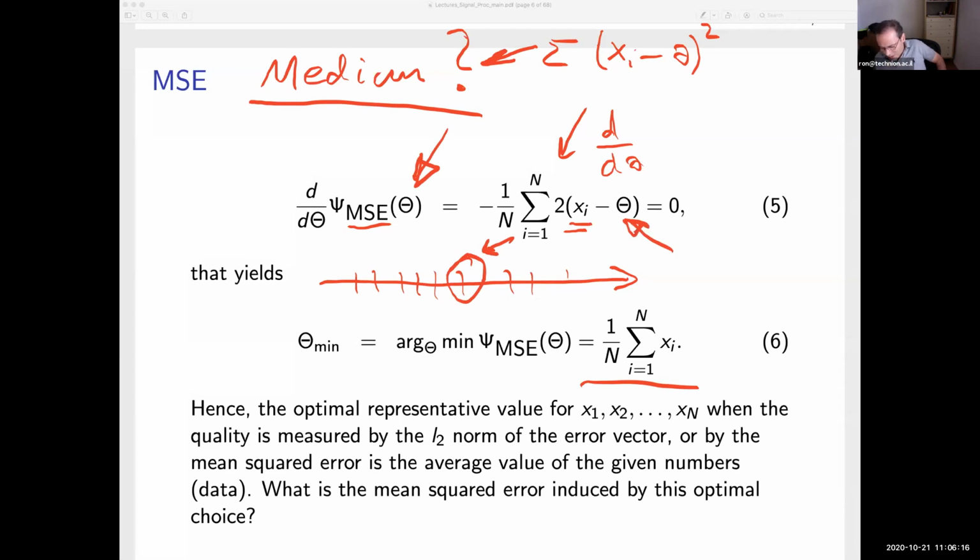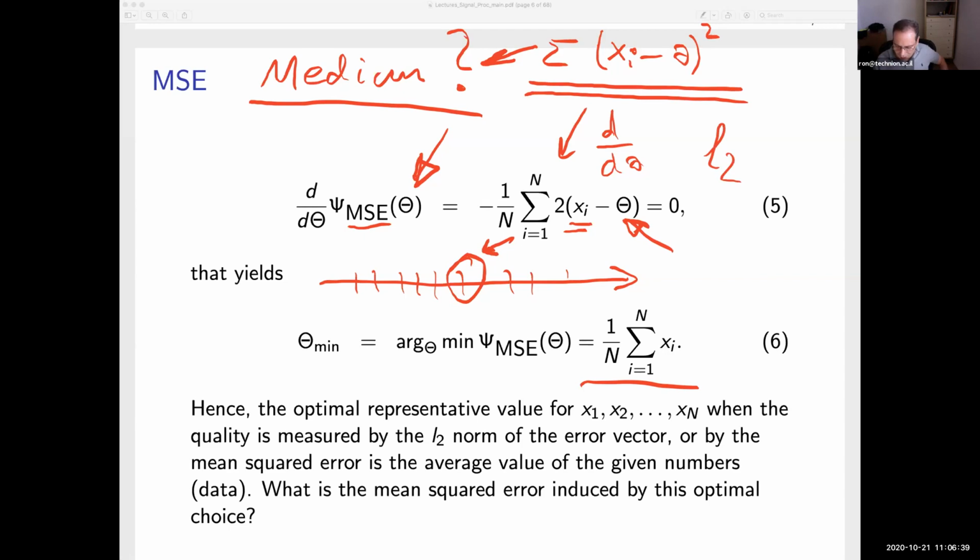So let's go backwards a little bit. Let's go to our original penalty and let's observe what is going on in this penalty. Remember that I'm measuring L2. This is the square of the difference between each and every x_i and my representative number.